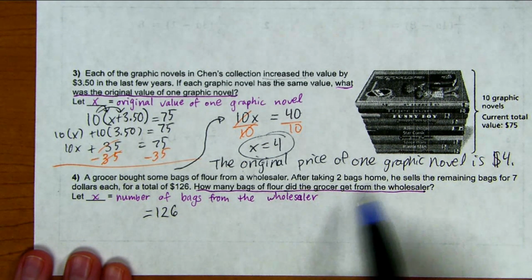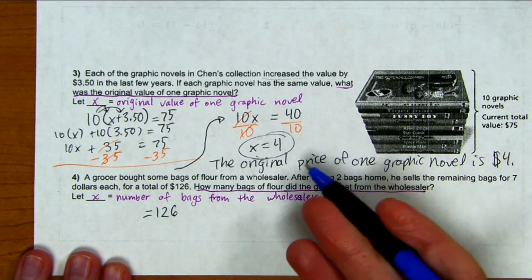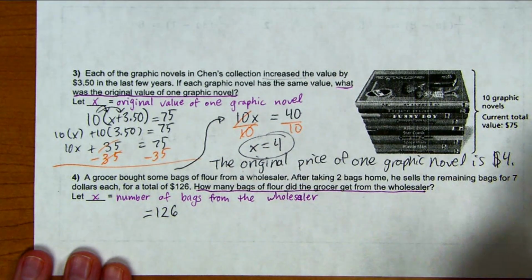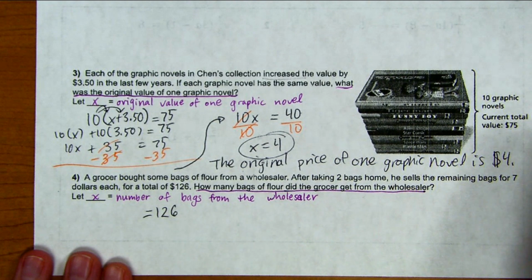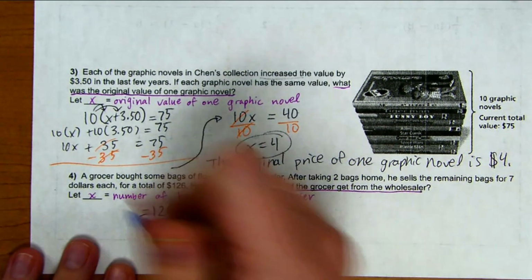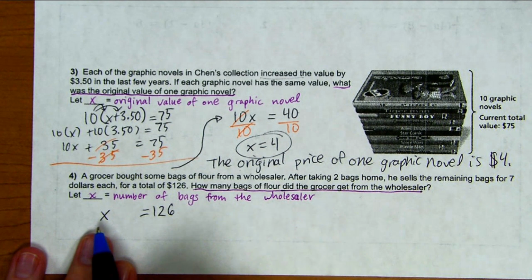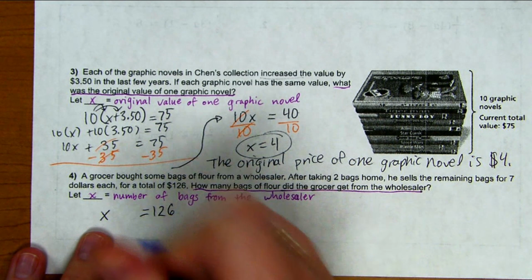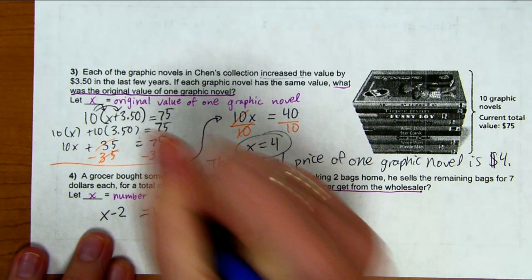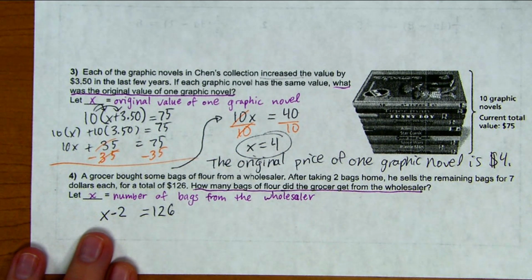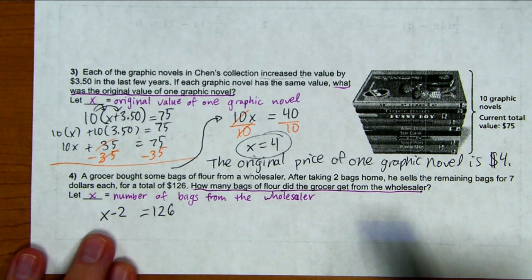So if he's taking some of the bags from the wholesaler, storing them at home and selling the remaining amounts, that means we would subtract. So it's the total amount that he bought from the wholesaler minus the 2 bags that he's keeping at home. So we can say X minus 2. This represents how many bags remain.